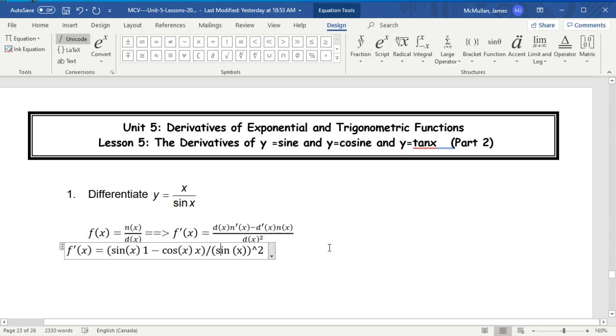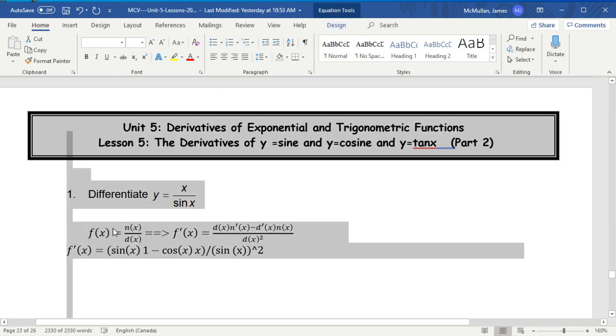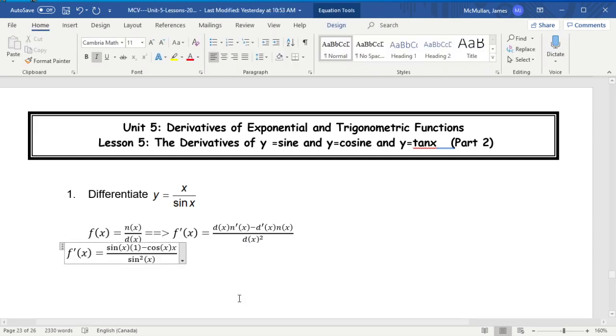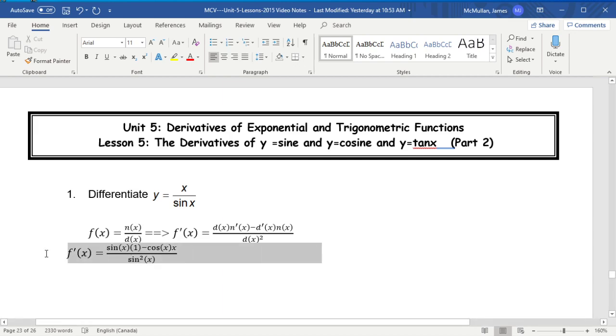For some reason I'm not in the equation editor. Okay, so it should look like that. There we go. So we have sine of x minus cos of x times x over sine squared of x, right? So there's your derivative.